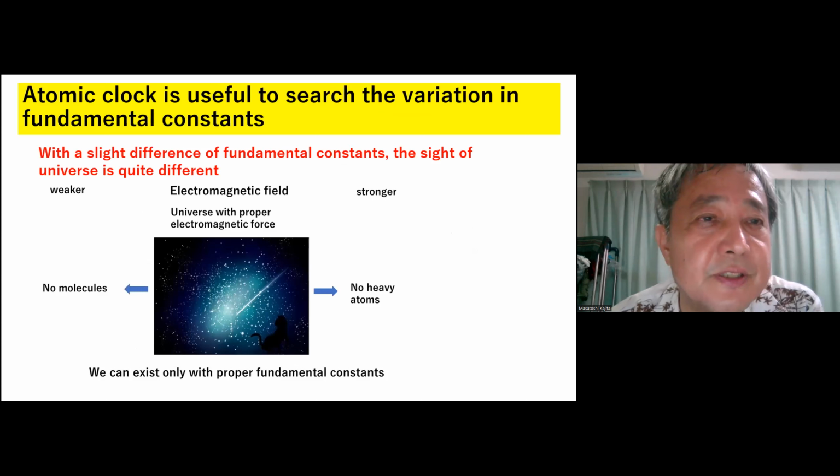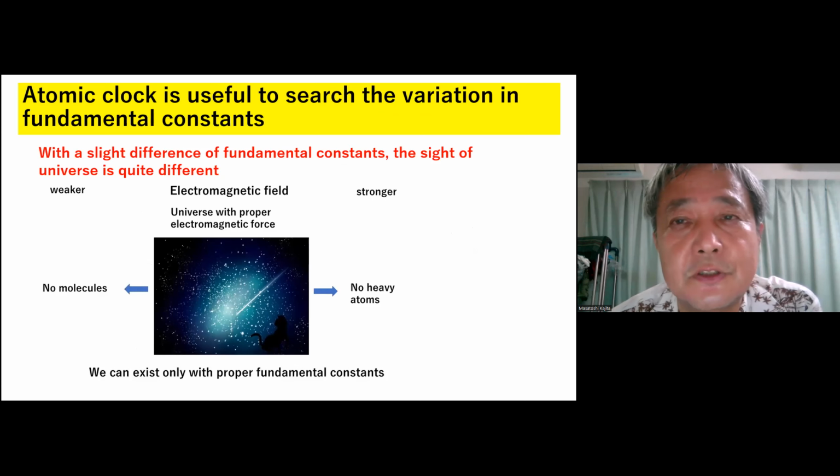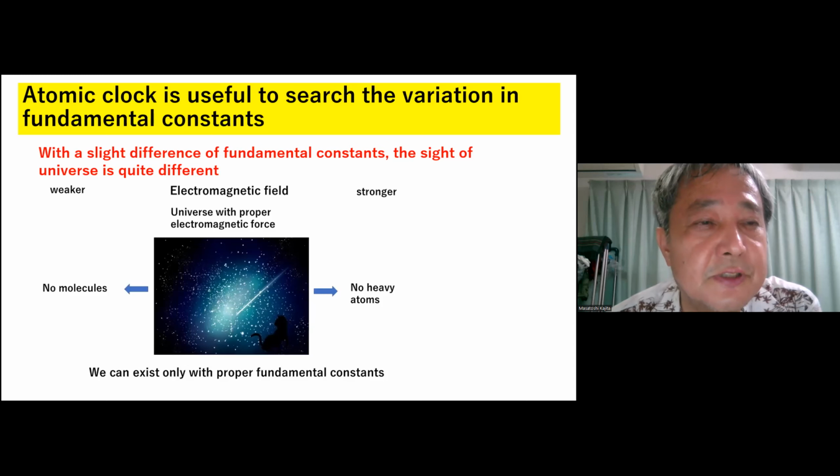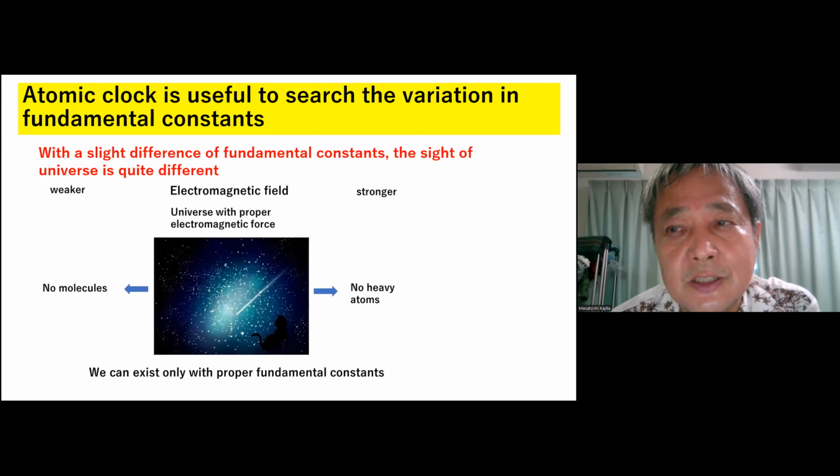Another example is that atomic clocks are useful to search for variation in fundamental constants. There is a question if fundamental constants are really constant. With a slight difference of fundamental constants, the universe would be quite different. For example, if the electromagnetic force is stronger, there would be no heavy atoms because of the stronger repulsion between protons.